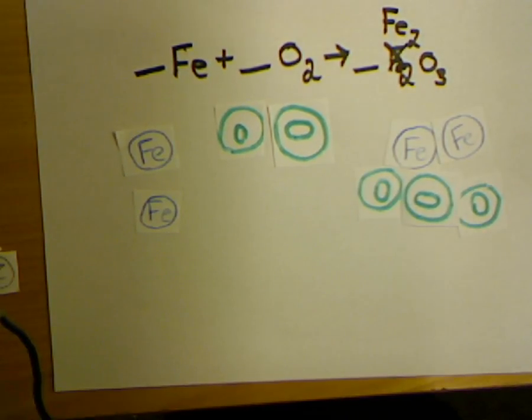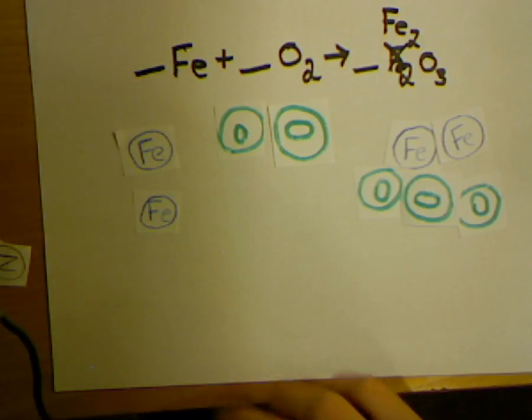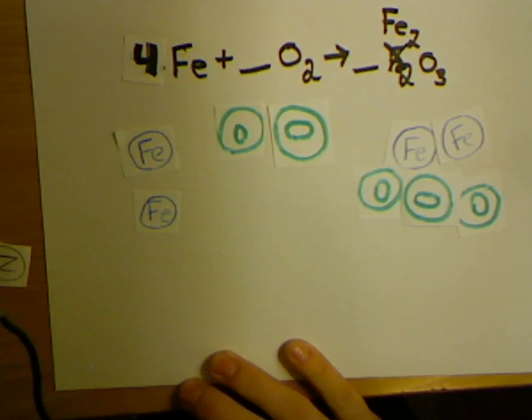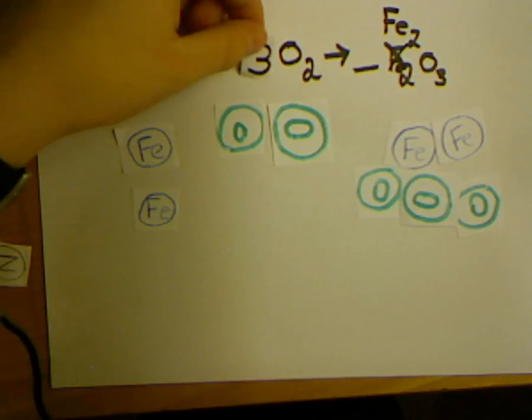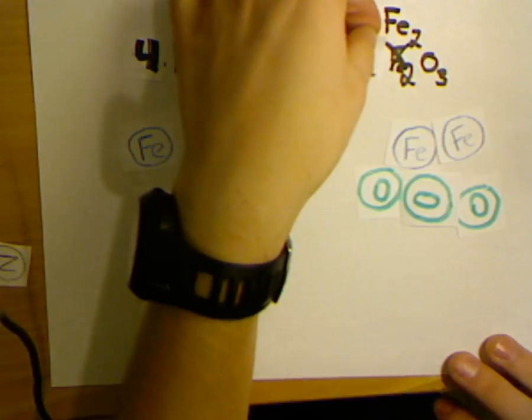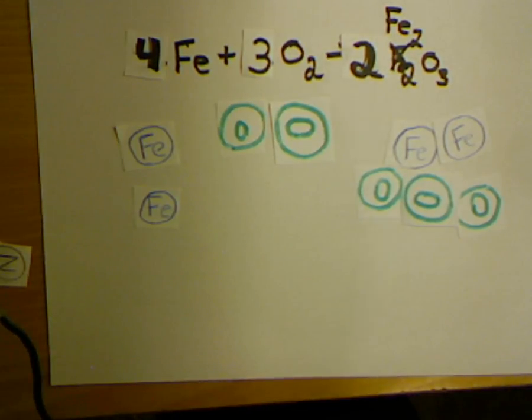So, in the end, what we can do is, I'm just going to do this one numerically, we're going to have 4 irons plus 3 oxygens to 2 Fe2O3.